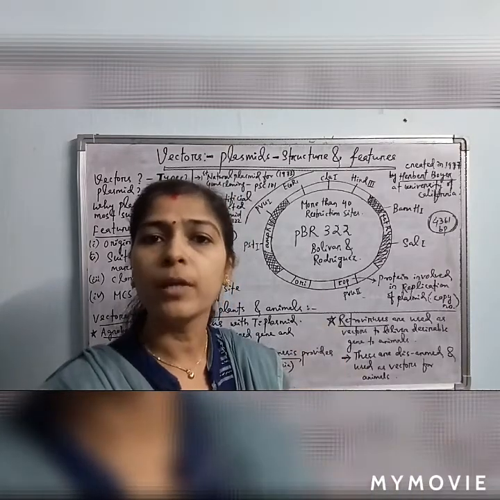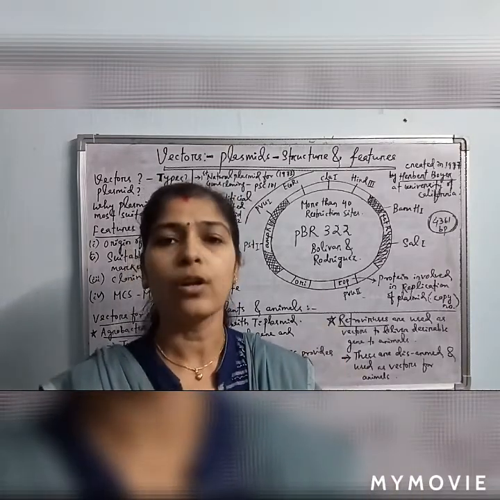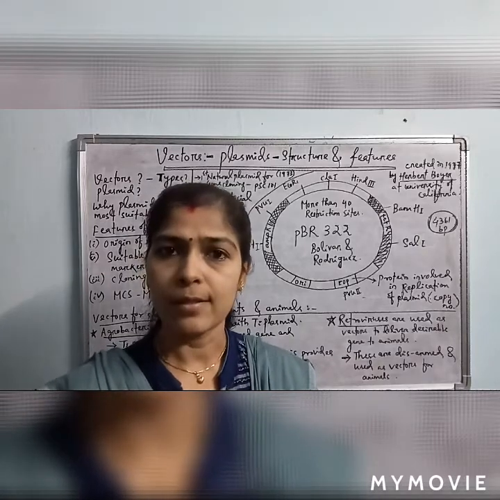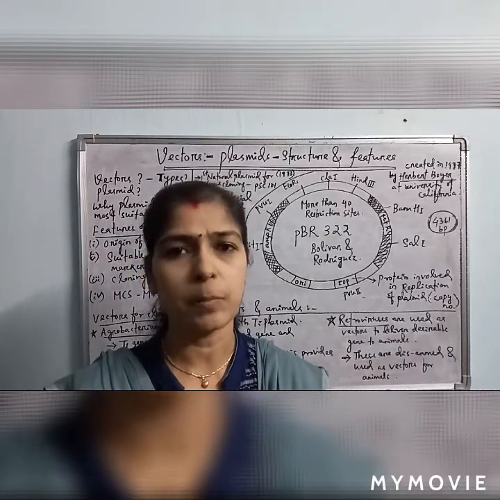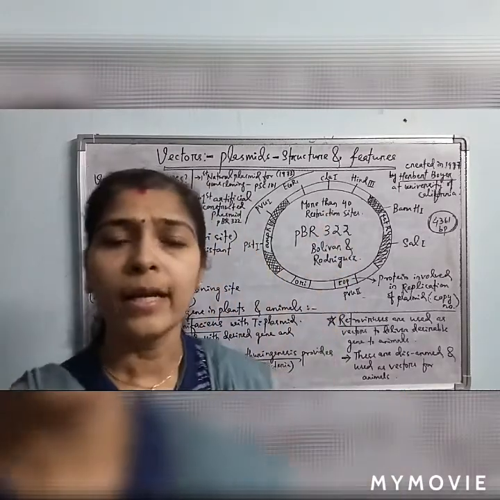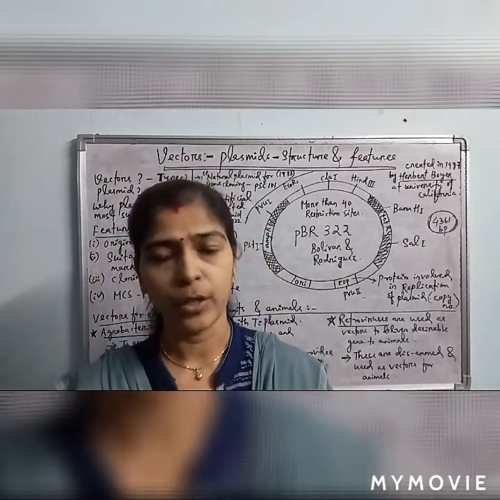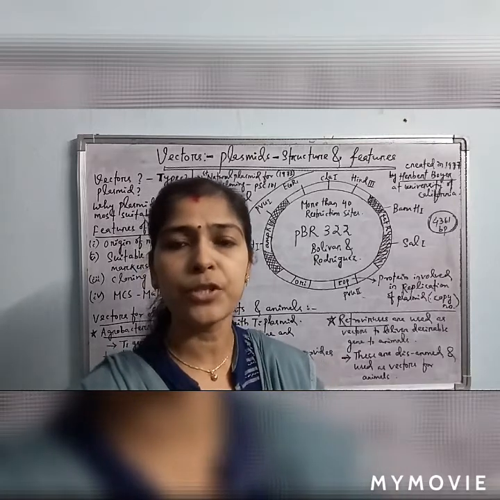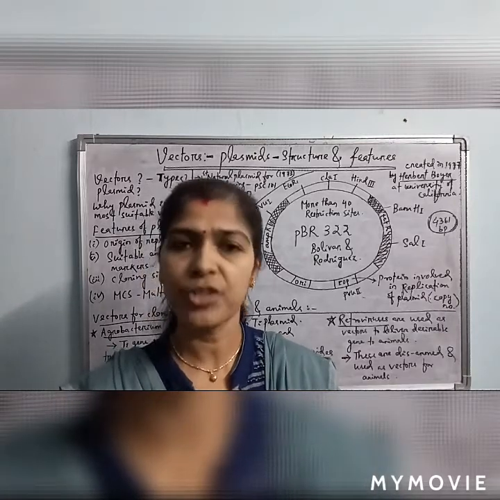This recombinant plasmid was then transformed into E. coli cells. So this was the first gene cloning experiment. For that, Stanley Cohen and Herbert Boyer also got patents. This was the first naturally used plasmid for gene cloning.